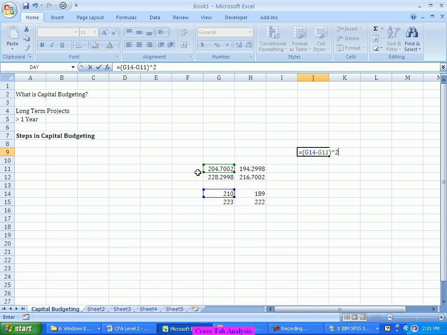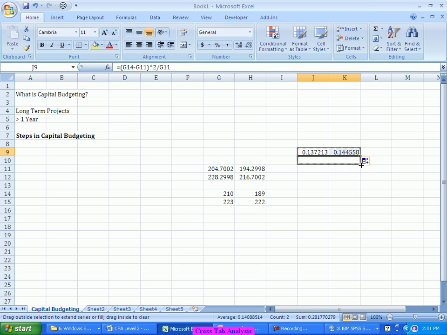I'm not doing it in detail. This is the number that is computed, and I do it for all four.